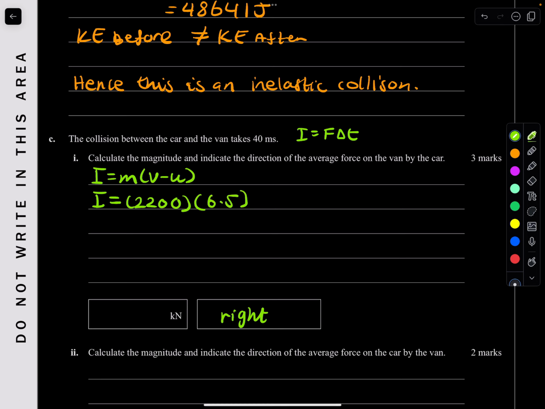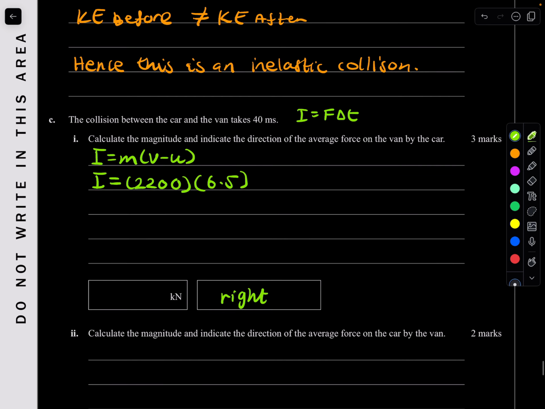So this will give me my impulse, which is 14300 kilogram meters per second.